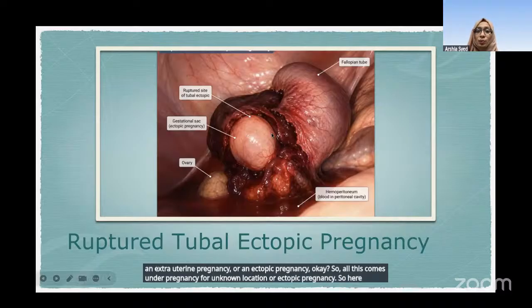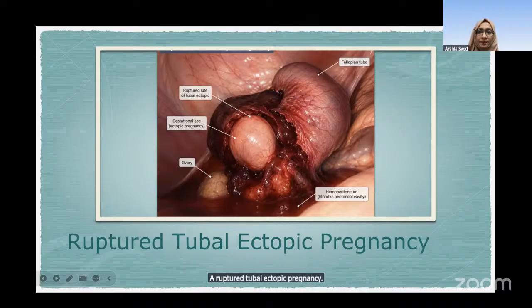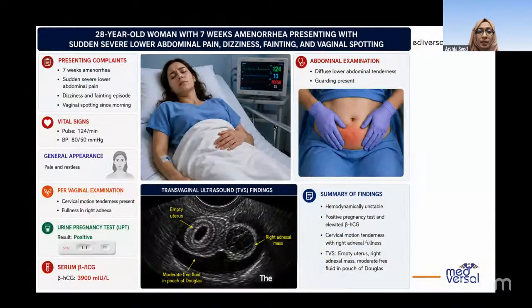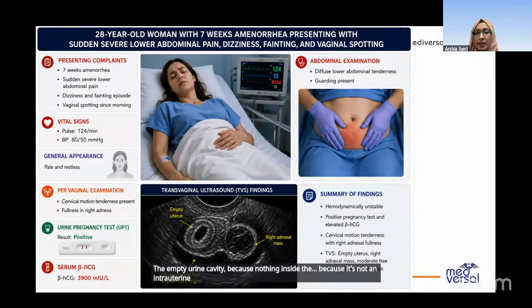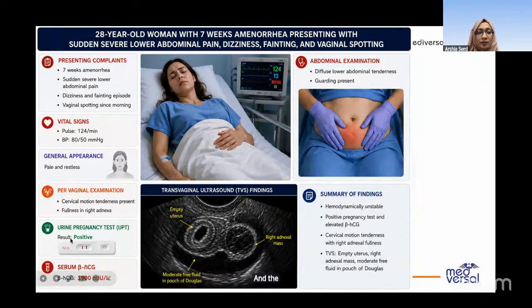So here, this was a case of a ruptured tubal ectopic pregnancy. The fluid seen was the hemoperitoneum, the empty uterine cavity, because nothing inside because it's not an intrauterine pregnancy, and the right fornix was full because it was a right tubal ectopic.